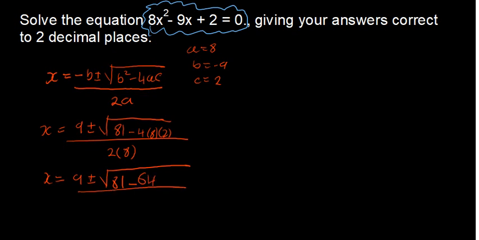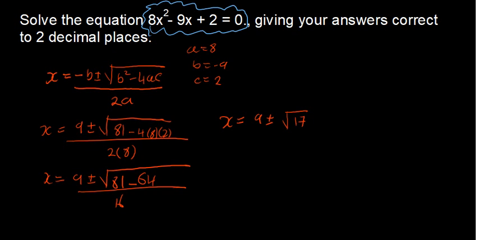Divide by 2 times 8, which gives us 16. So x is equals to 9 plus or minus, 81 minus 64 gives us the square root of 17.